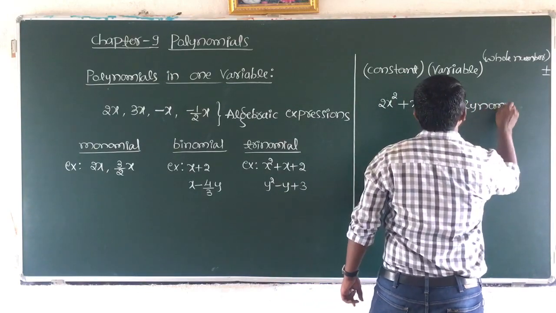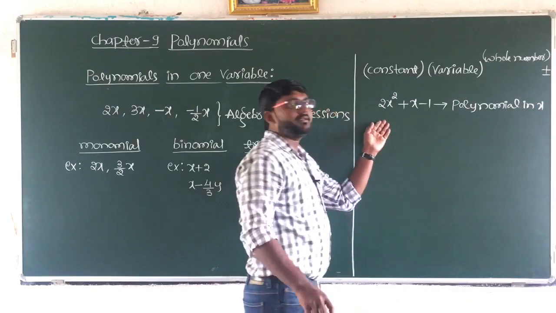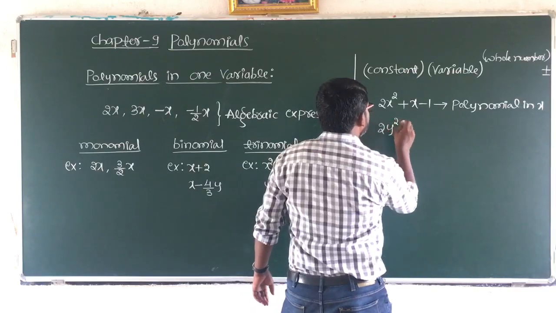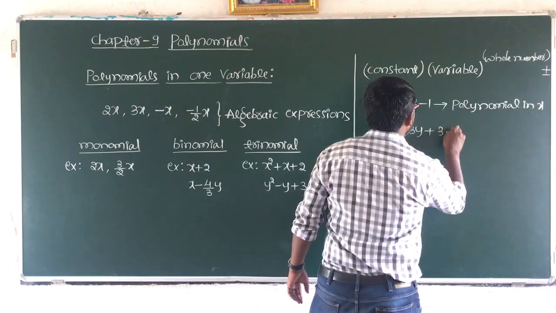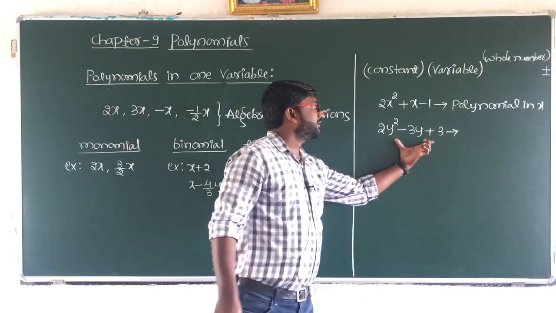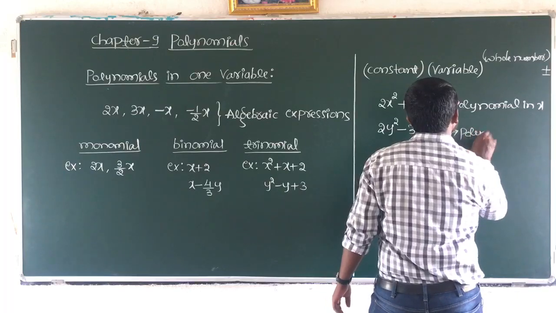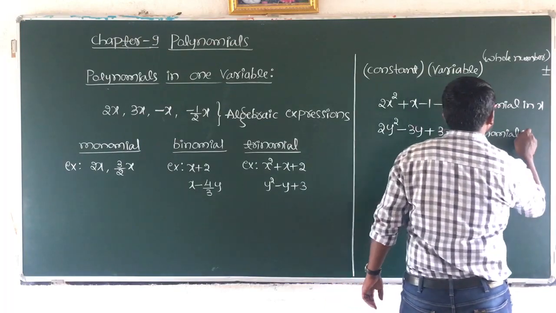Now I consider another example, 2y square minus 3y plus 3. This is a polynomial in y.